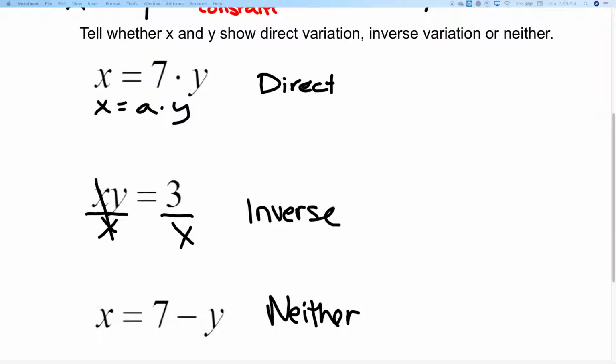That is, you multiply by x, so it'd be y equals 3 times x, which is direct. 2 times y. Make 3 piles: direct, inverse, neither.